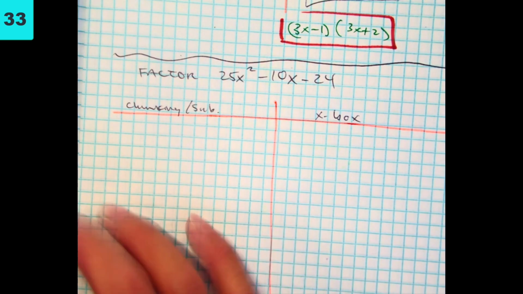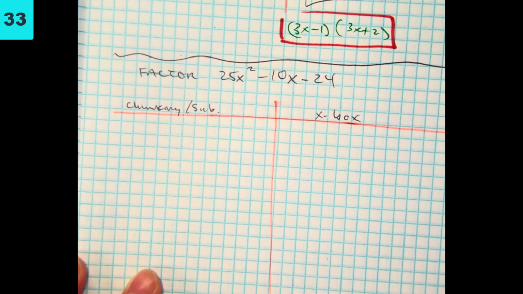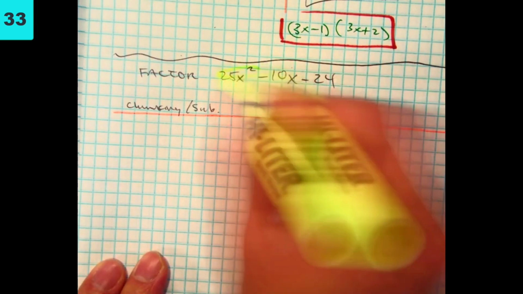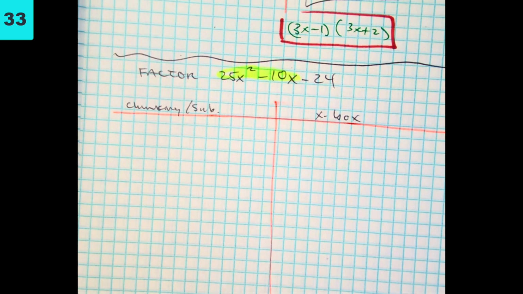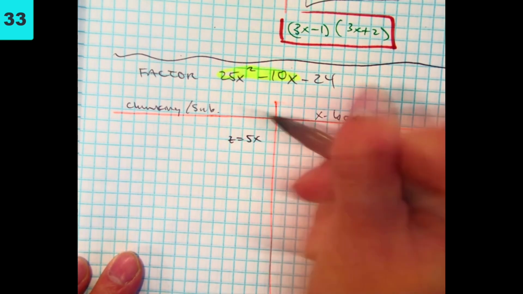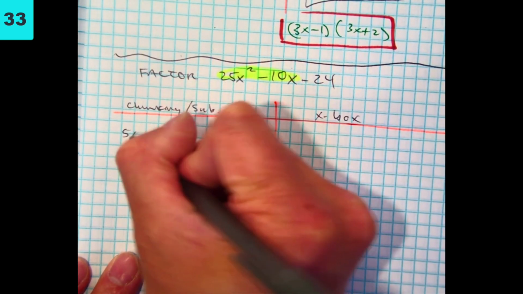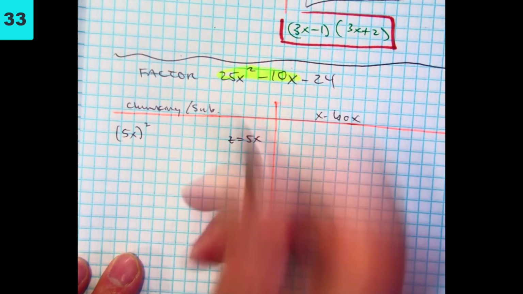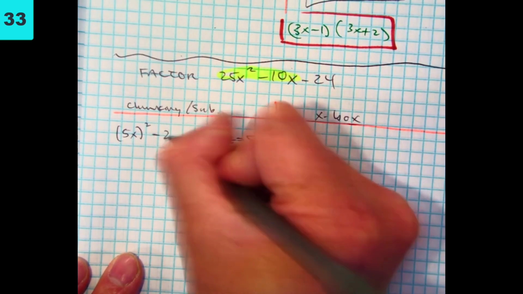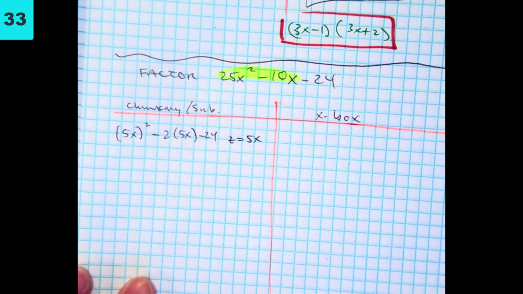Alright, in this problem, I asked you to factor, so I'm going to show you guys that chunking method. I'm just basically going to be looking at the first two to see if they have a GCF. You guys told me the GCF is what? 5x. So this can be written as, think about it, 5x squared minus 2 times 5x minus 24.